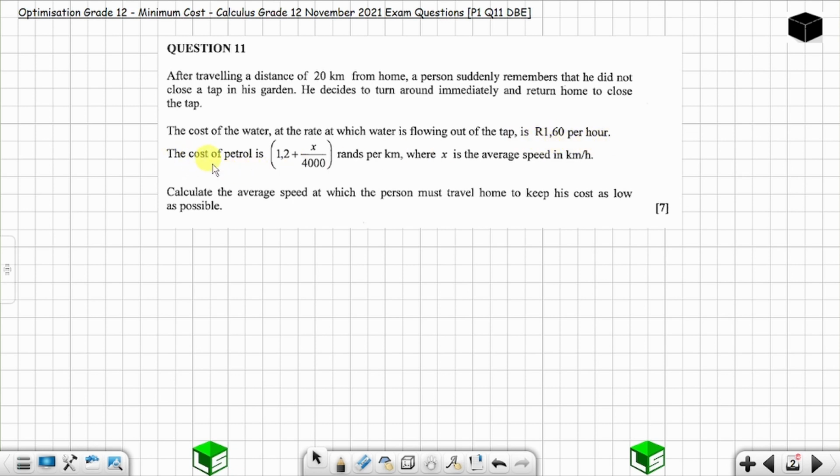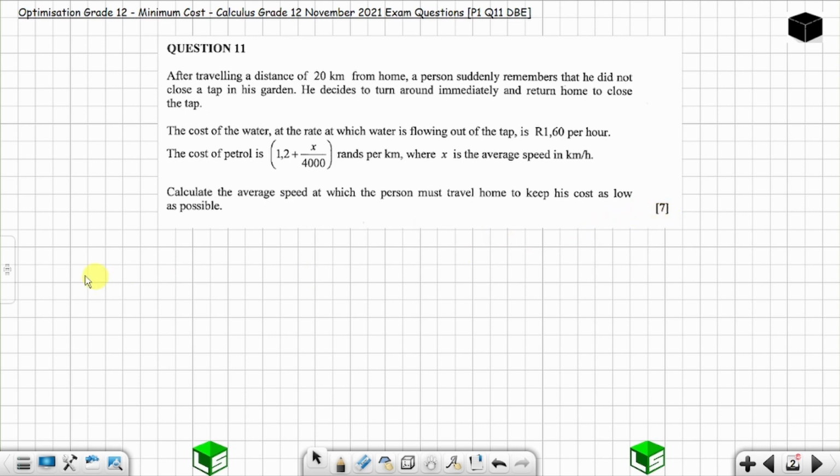The cost of petrol is 1.2 plus X over 4,000 rands per kilometer, where X is the average speed in kilometers per hour. Calculate the average speed at which the person must travel home to keep his cost as low as possible. This question is 7 marks.